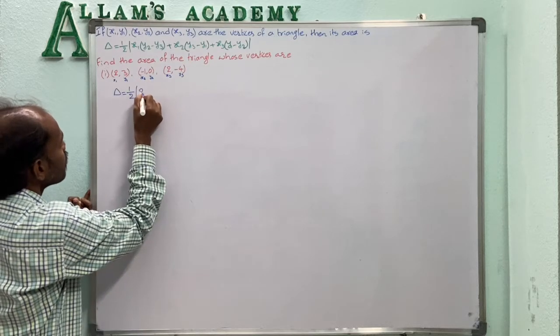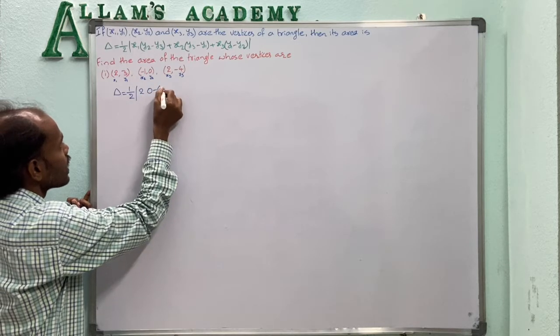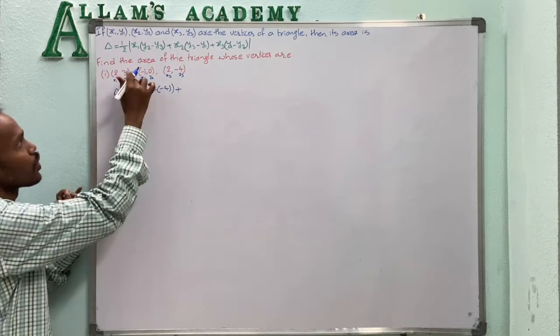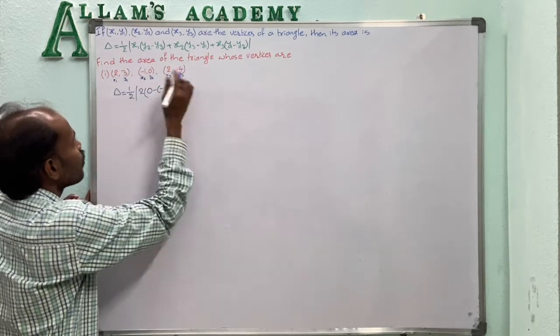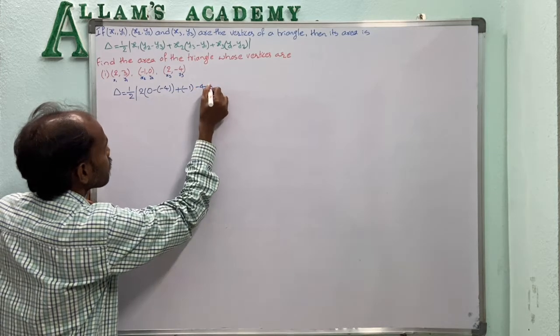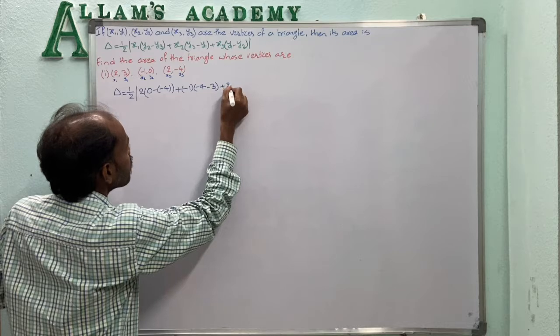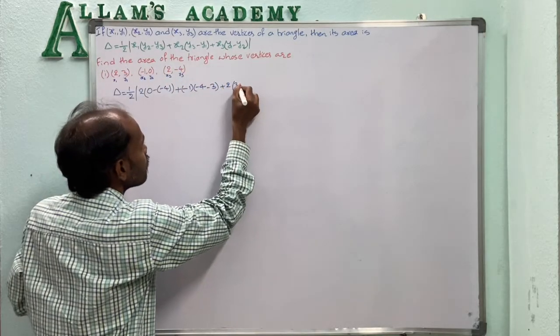x1, 2, into (y2 minus y3), 0 minus of minus 4, plus x2, minus 1, into (y3 minus y1), minus 4 minus 3, plus x3, 2, into (y1 minus y2), 3 minus 0.